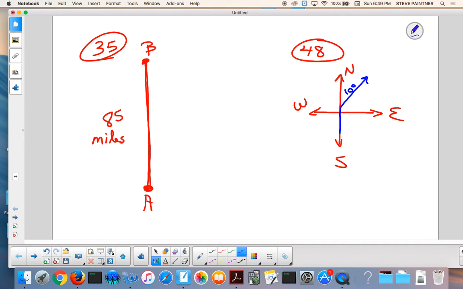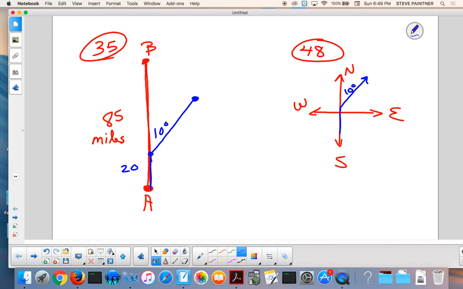So somehow this pilot got to here, 20 miles in, said there's something in my way, maybe a storm, and he turns east of north at, I think, 10 degrees, and then he gets to maybe this point right here. So he's trying to avoid a storm.